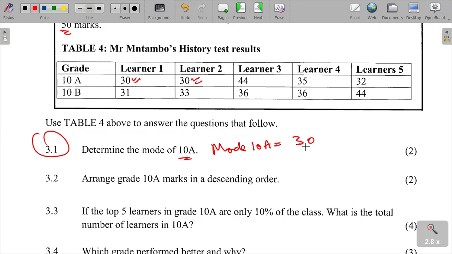Then, arrange the grade 10A marks in descending order.